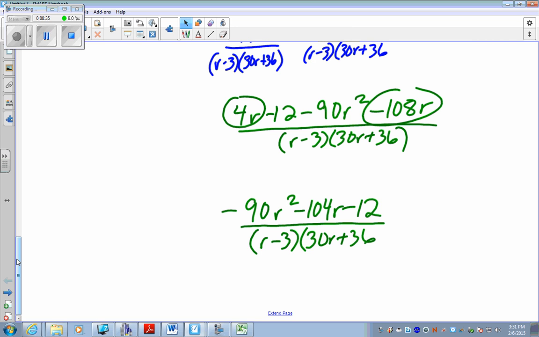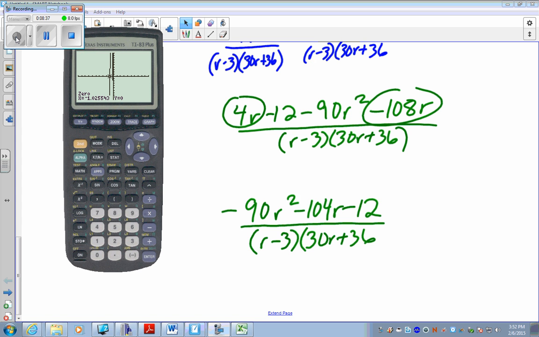Alright, I checked in the calculator. Those decimals are not factorable. So we're just going to take the greatest common factor out of the numerator, which is 2.